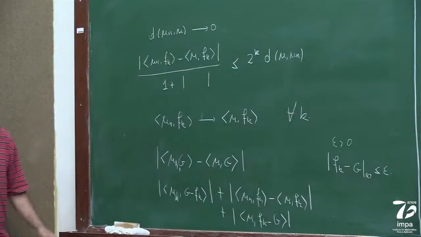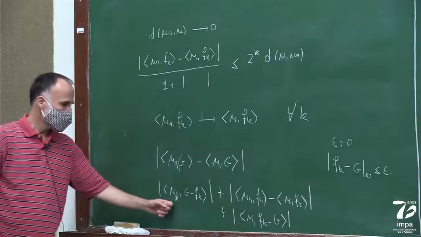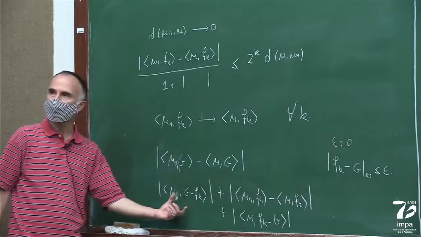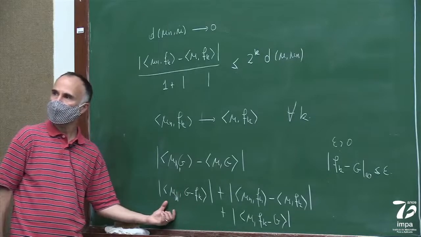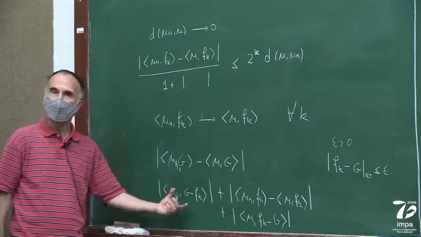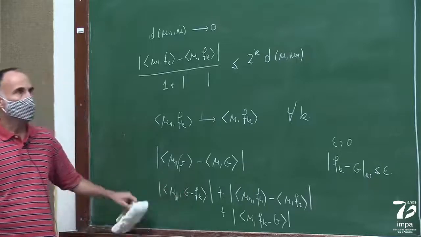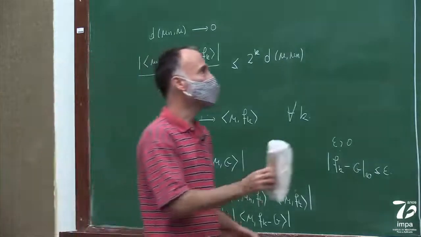Okay. So remember, this represents the integral of g minus fk with respect to mu n. But now I can bound this integral by the L infinity norm.